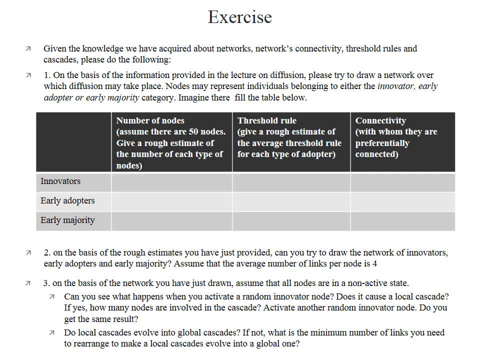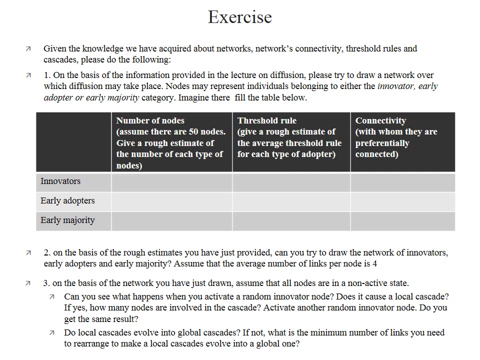So what type of threshold rule would you have? When do they become active? In this case, becoming active means adopting a technology which has an element of risk. We talked about that, so you should be able to give a rule of thumb about the threshold rules for innovators, for early adopters, and for early majority.